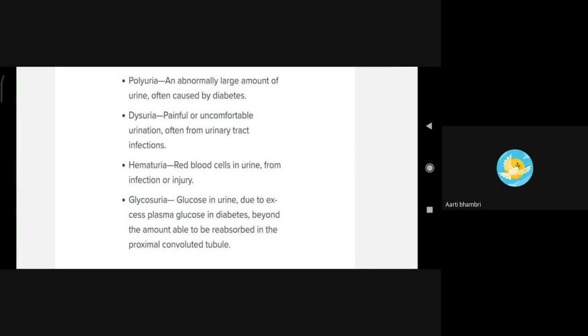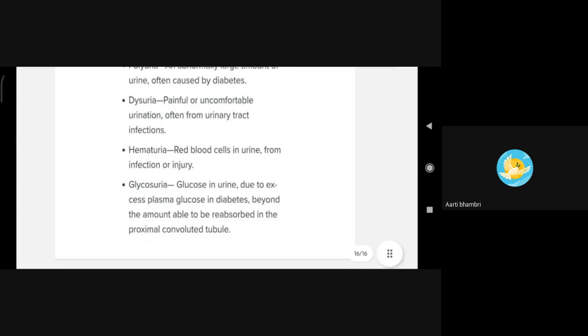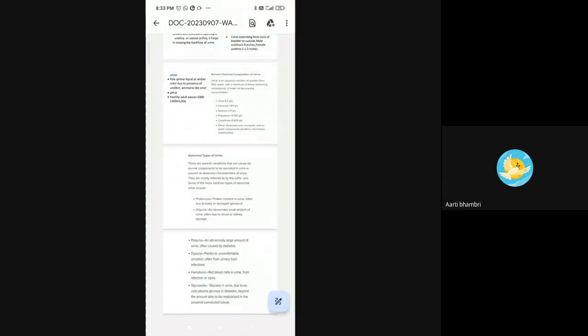So, if the proximal convoluted tubule is not able to reabsorb the glucose in blood plasma, then it is passed with urine. So, glucose in urine is known as glycosuria. So, this is the end of the excretory system today.